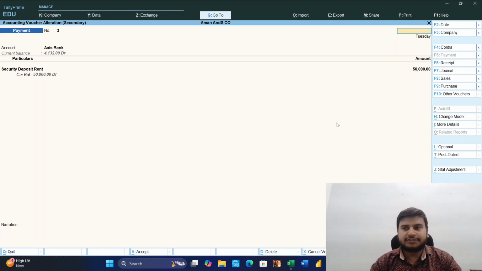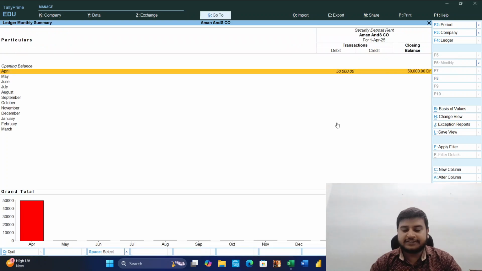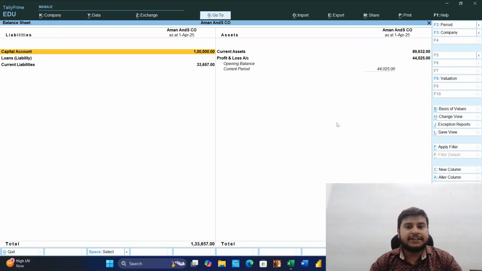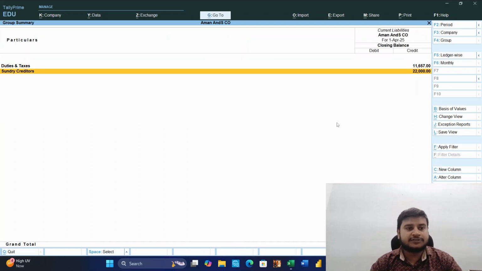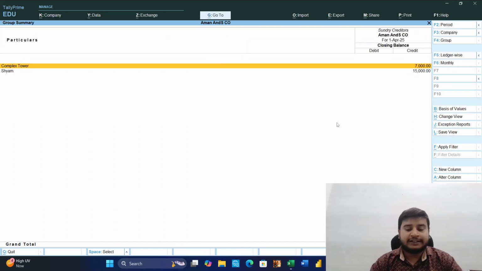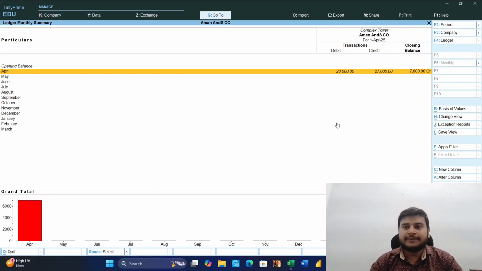The TDS we have seen, and the remaining balance of Complex Tower we can see in sundry creditors. A balance of 7,000 is pending because 27,000 was the actual amount to be paid, but we paid 20,000 only, so 7,000 is still pending with us.